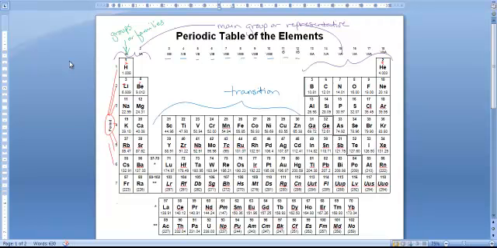The one other section, I mean, technically it is down here. The transition elements are these 10 rows going across. When we drop down here, these two on the bottom we call the inner transition elements or inner transition metals. Okay. The way this periodic table is set up, they kind of come before the transition elements.